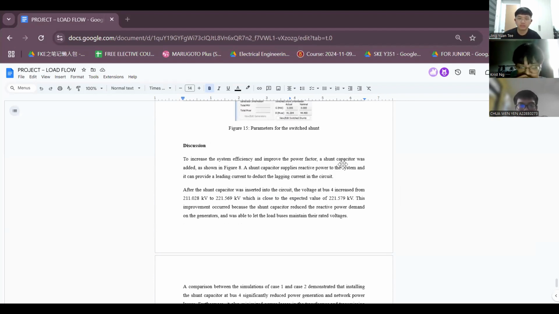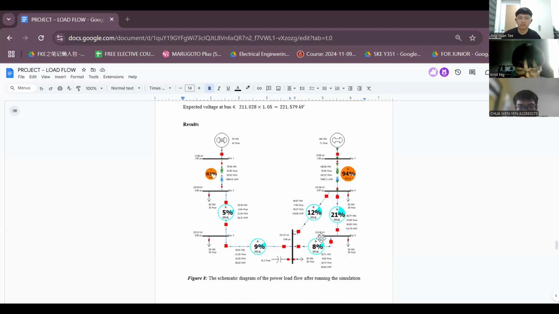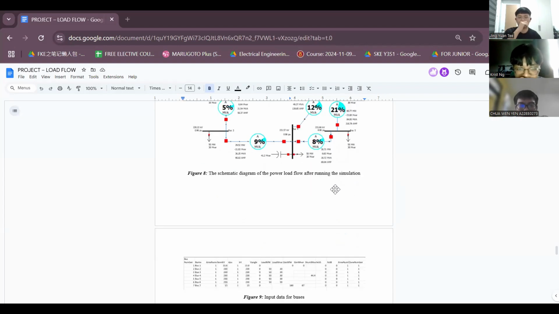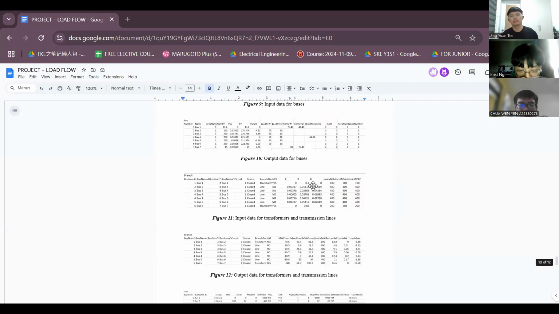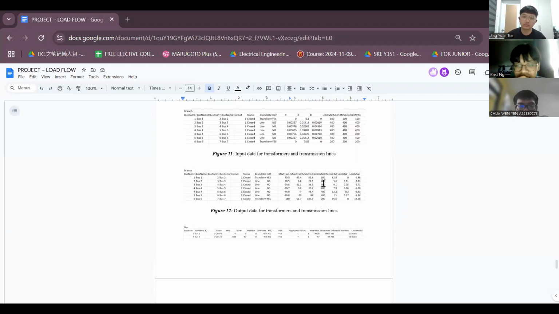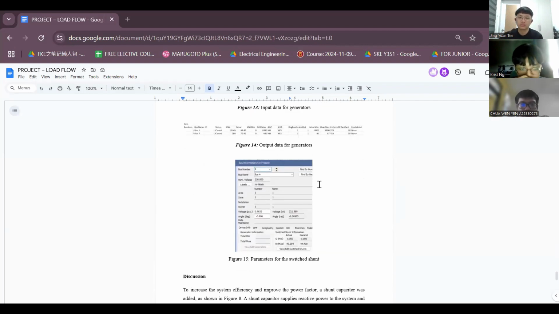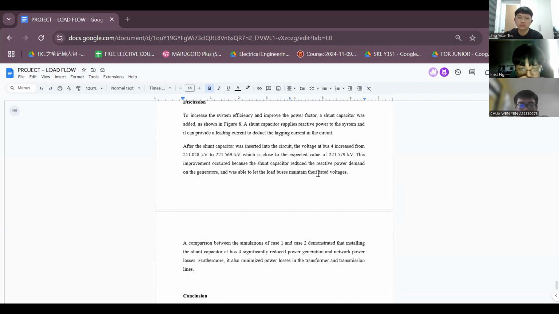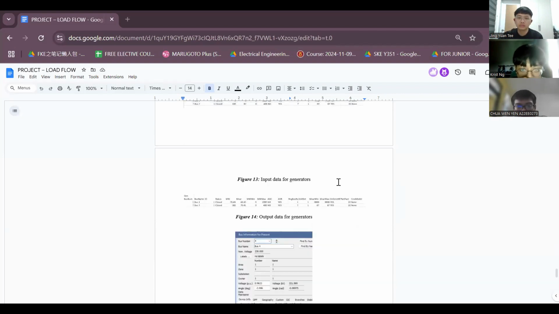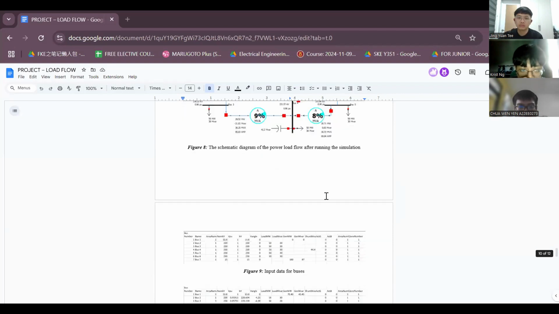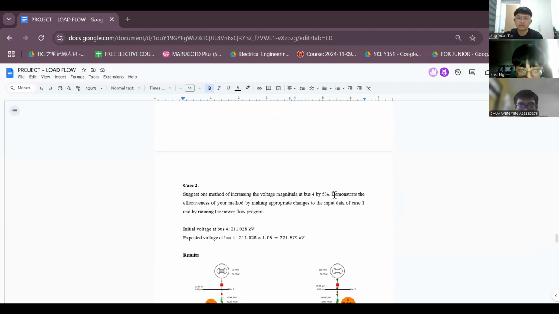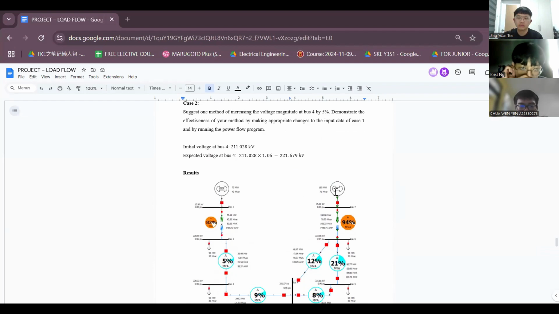From figure 8, the voltage at bus 4 is increased from 211.028 kV to 221.569 kV, which is close to the expected value of 221.579 kV. This means the suggestion of adding a shunt capacitor is reliable.